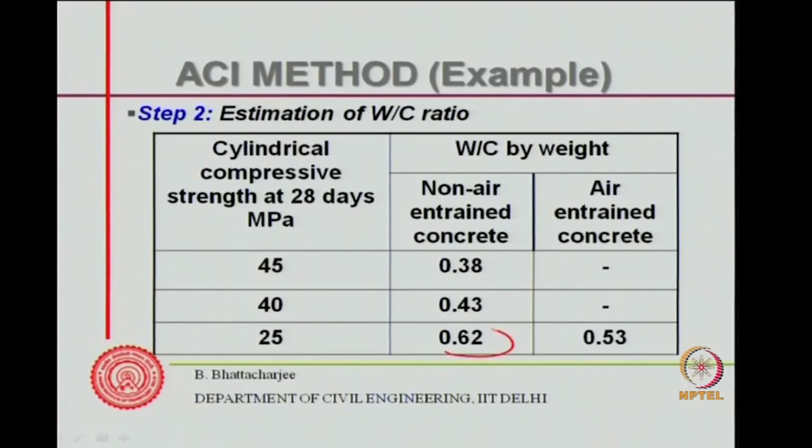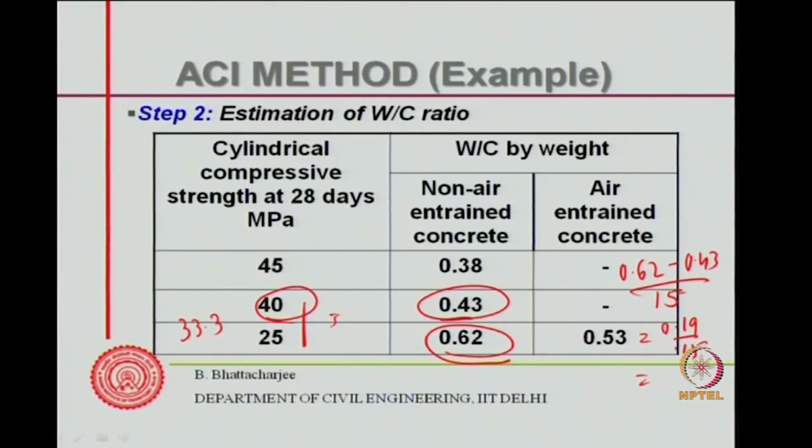From 25 it is 0.62, for 40 it is 0.43, and in between values are also given, which we have not taken. Now, our value is 33.3. So 0.62 minus 0.43 divided by 15, per MPa it would be 0.19 divided by 15, which is roughly 0.013 per MPa.